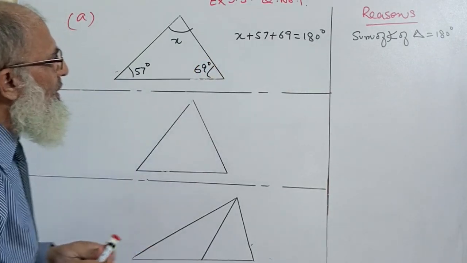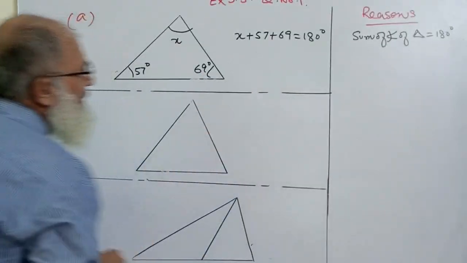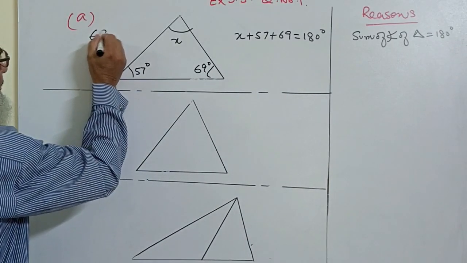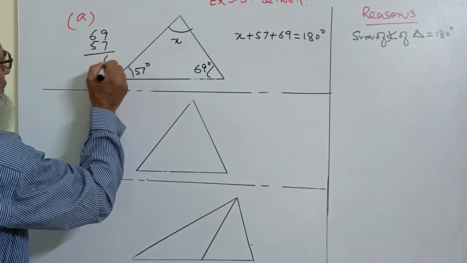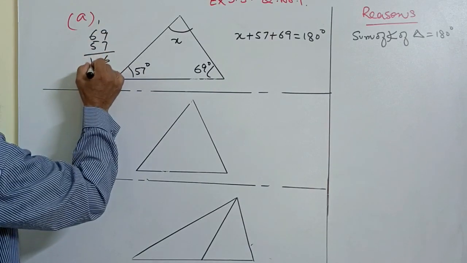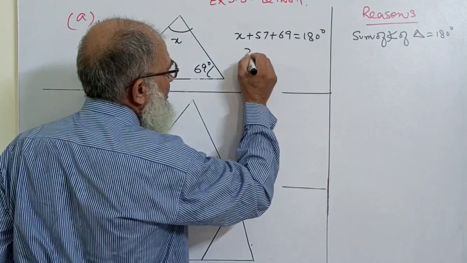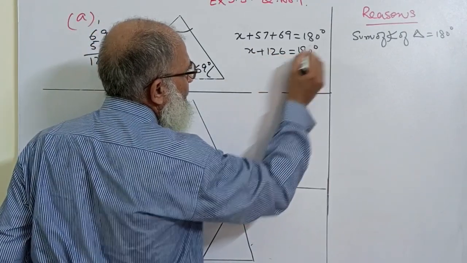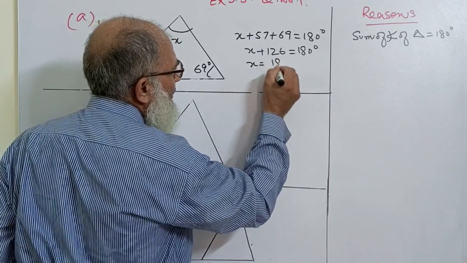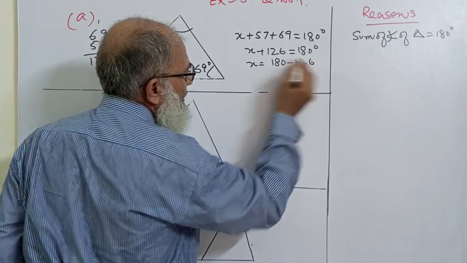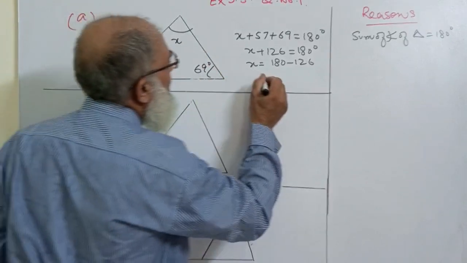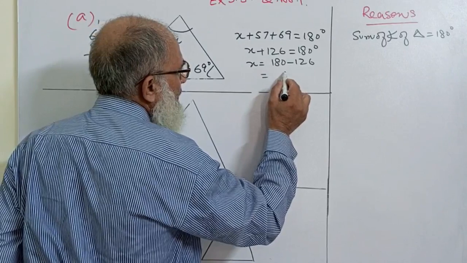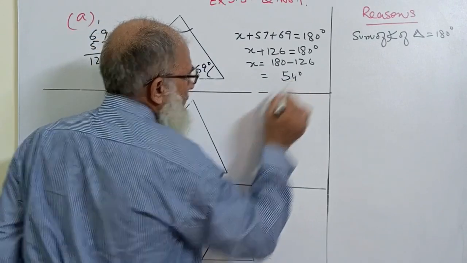Now, since it is 57 and 69, just add them up. 57, 69 and 57. So it is 6 over here and 126. Now x plus 126 is equal to 180, and x is equal to 180 minus 126. Now it will become 54, I think. 54 degree.